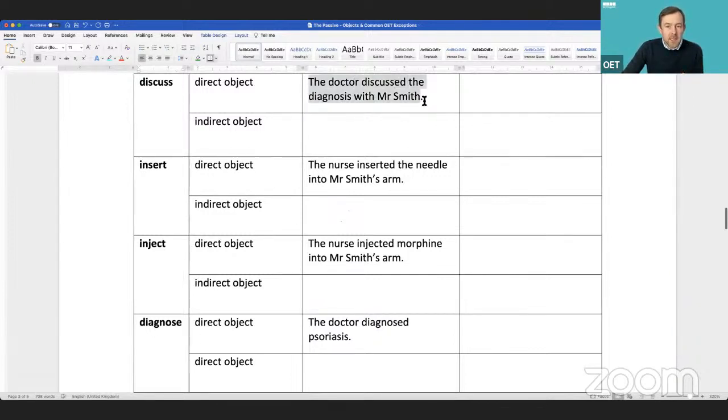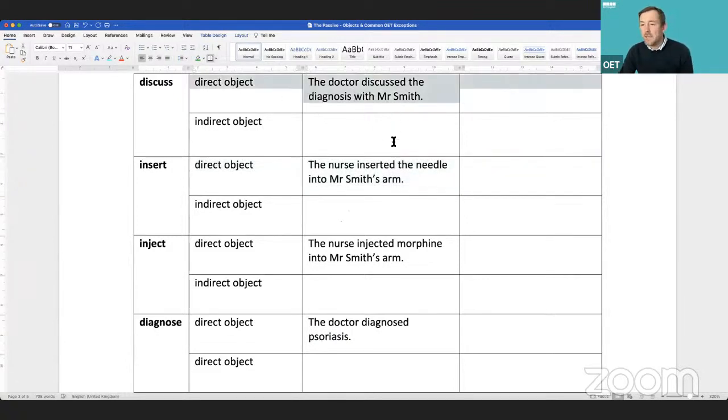I've given you an active version of each with the direct object, a sentence where after the verb comes the direct object. Discussed the diagnosis, inserted the needle, injected morphine, diagnosed psoriasis. Each time after the verb, we've got a direct object.